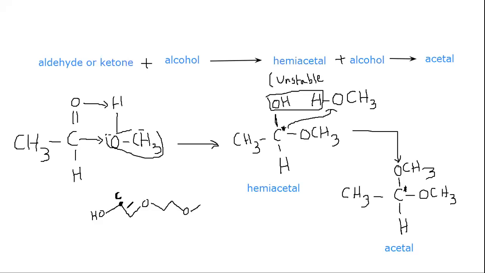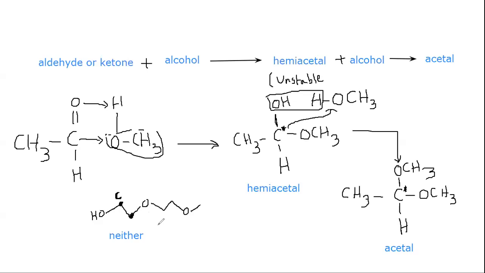So this is neither acetal nor hemiacetal. If this oxygen were here, then it would be hemiacetal, but this carbon has the alcohol and a different carbon has the ether. They are not on the same carbon, so it's neither.